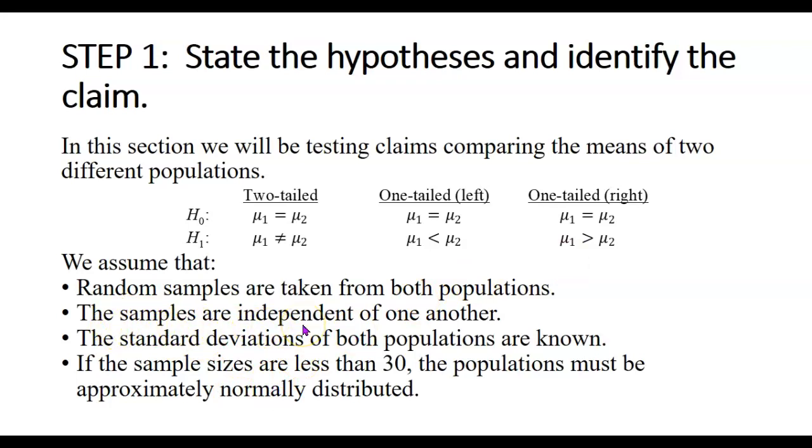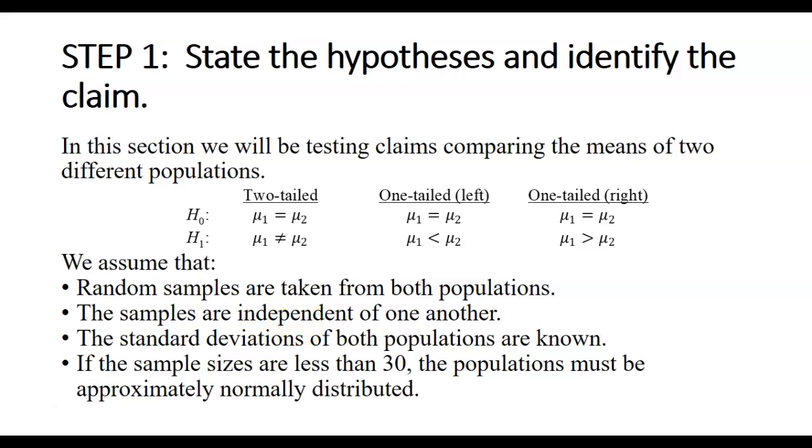One way to do that would be to randomly select a bunch of married couples. And then in each couple, you compare the number of hours of housework done by the husband to the number of hours done by the wife. That wouldn't be independent samples.